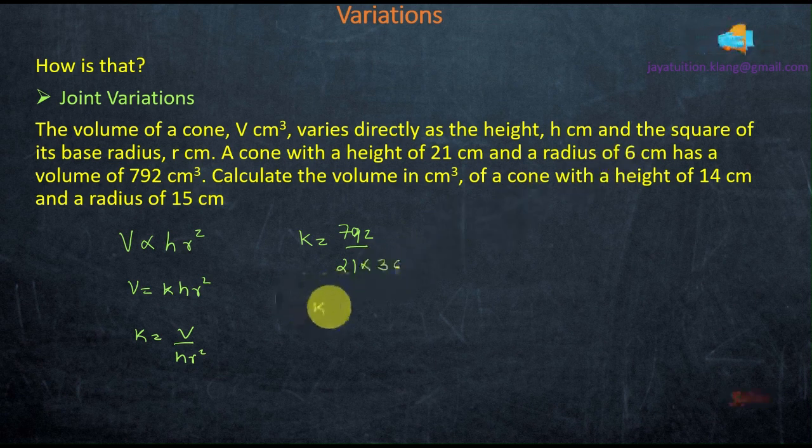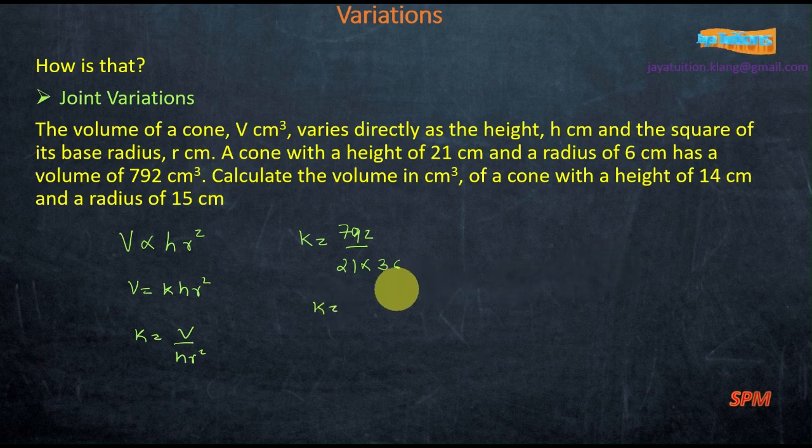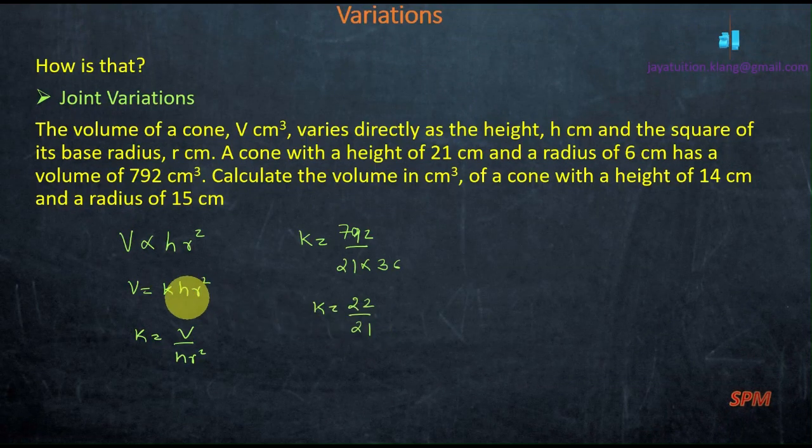Let us do this calculation. 792 divided by 21 divided by 36 gives the value equal to 22 by 21. So this value comes out to be 22 divided by 21. We want to find the volume of the cone when the height is 14 centimeters and the radius is 15 centimeters.